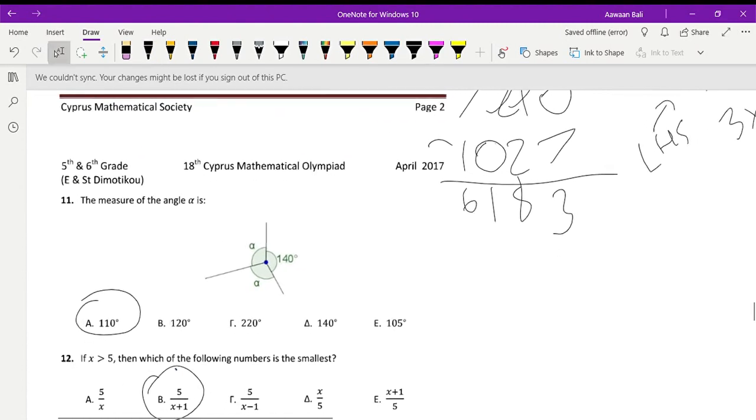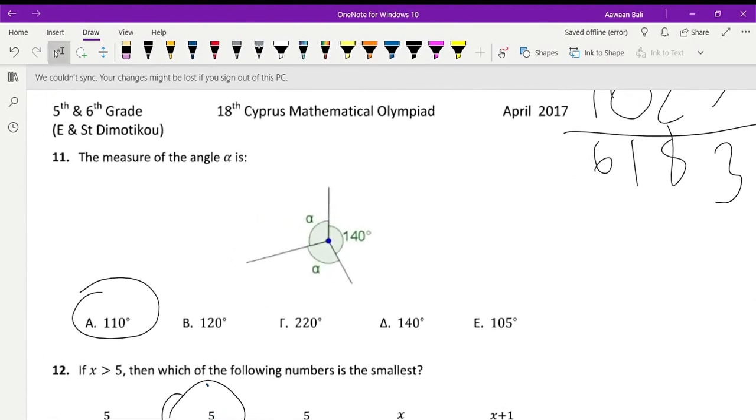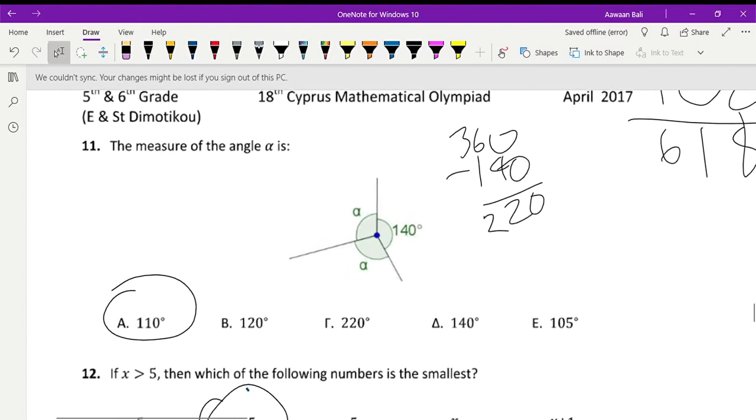6183. Question number 11. The measure of angle A is what? Now basically, we know the angle of a full circle is 360. If we do 360 minus 140, we get 220 degrees. And since these two angles both have the same variable, that signifies that they're equal, which means you can do 220 divided by 2 is 110.